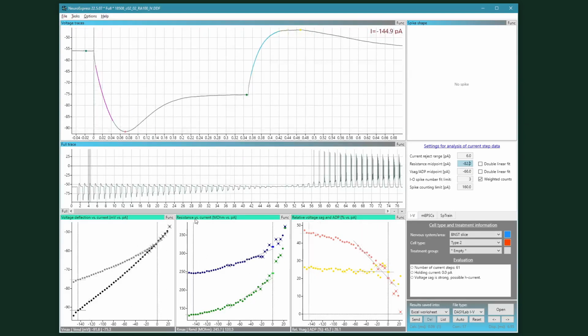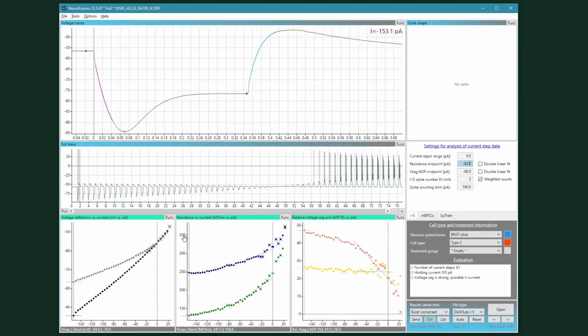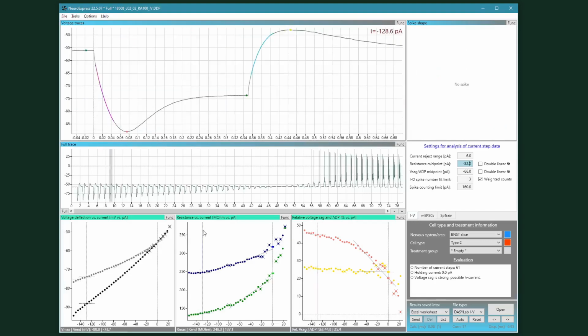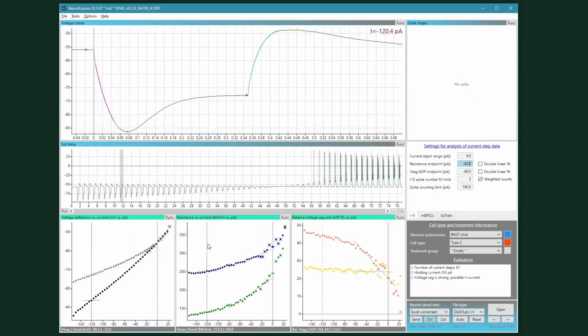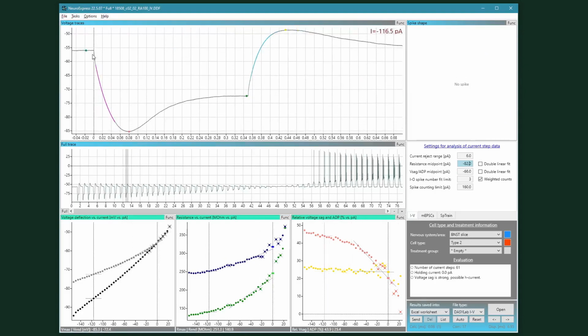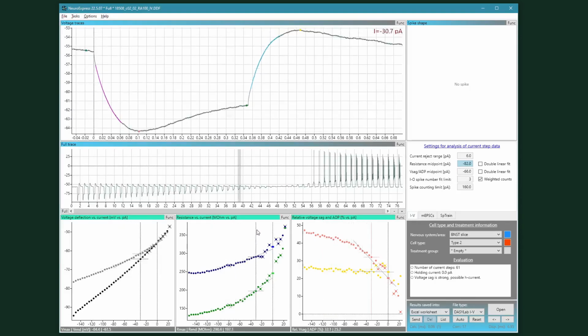And then the next method is slightly different, and this is actually what I prefer to calculate the resistance in a more accurate manner. Here, the program will calculate a delta V over delta I resistance value for each voltage trace, each membrane potential response.